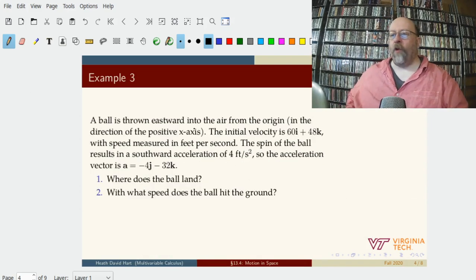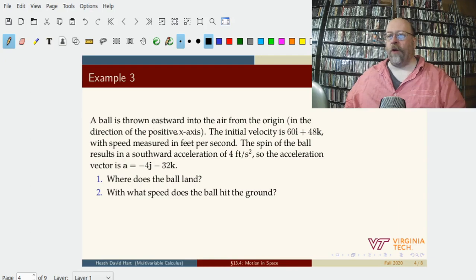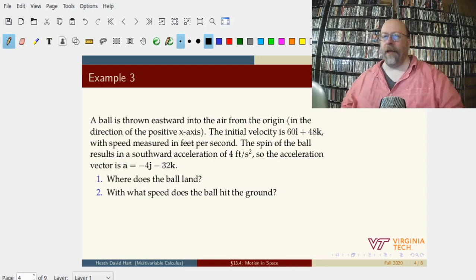A ball is thrown eastward into the air from the origin, east being in the direction of the positive x-axis. The initial velocity is 60i plus 48k, with the speed measured in feet per second. Okay, so let's see what's going on here.